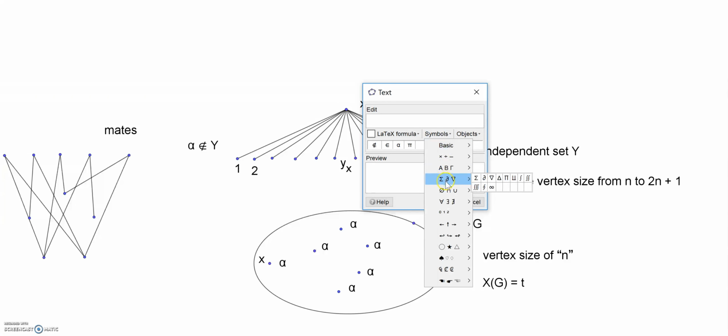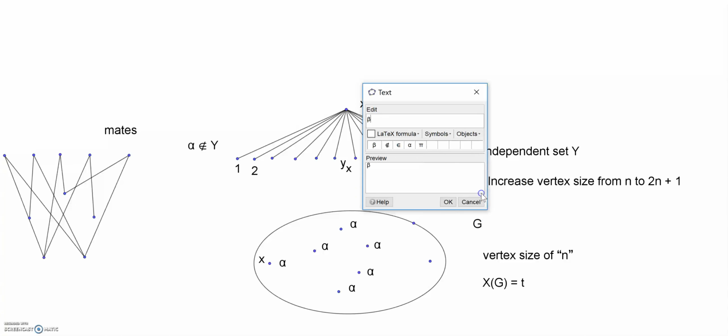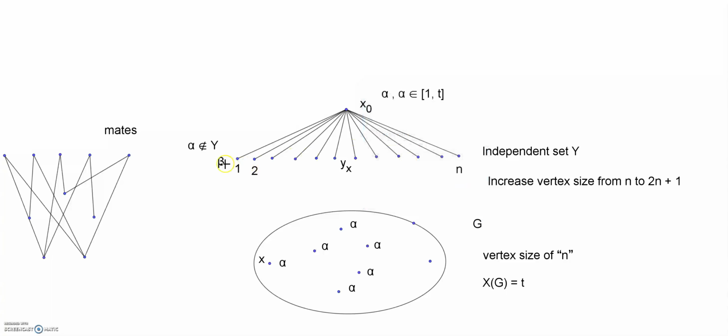As long as it's a different color than alpha, and that specifies the non-adjacency with x naught. So we're going to label this beta. So now all these have a color of beta, and it's okay for all the vertices in the independent set y to have the same coloring because they're all independent. So there are no edges connecting any two vertices in the independent set y.